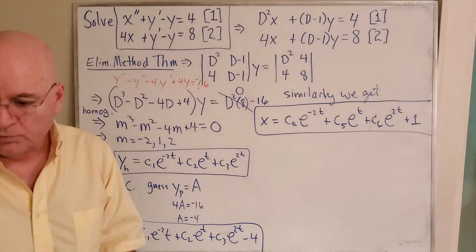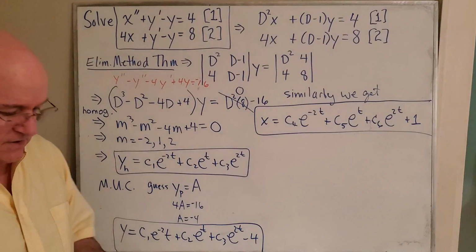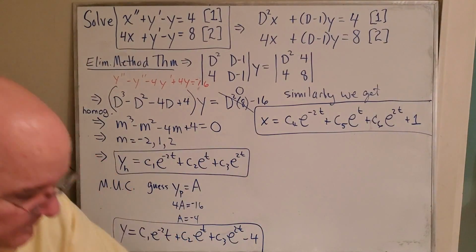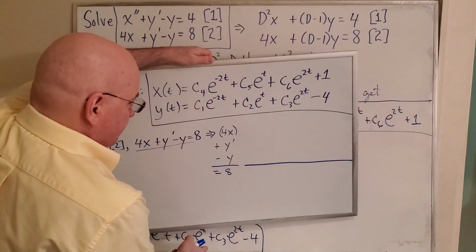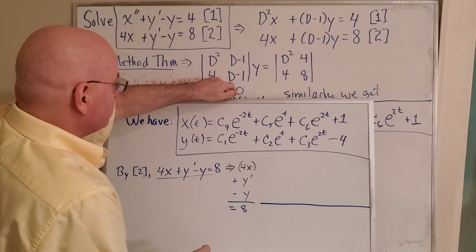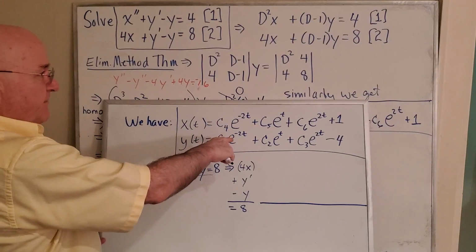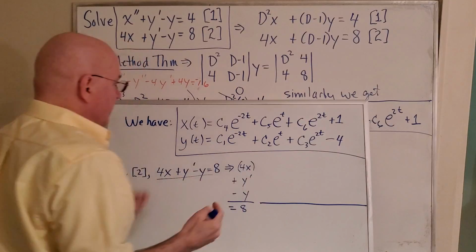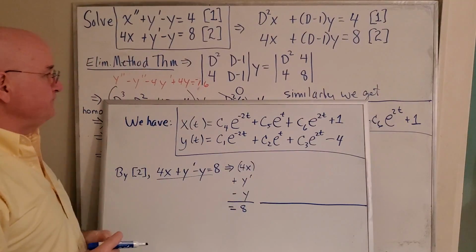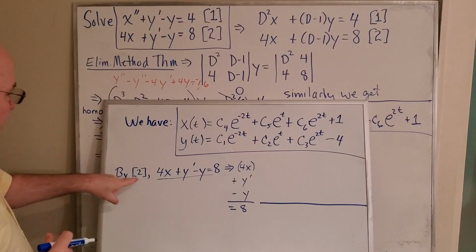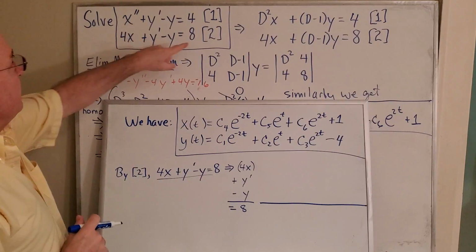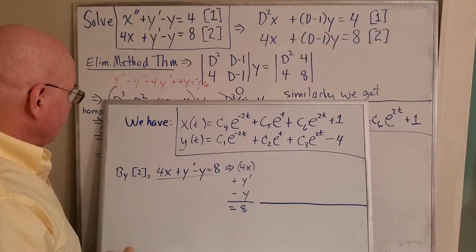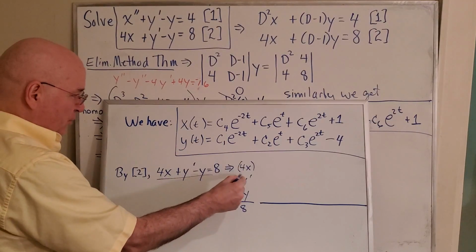Okay, so what we're going to do is take equation number 2. I've started it already here. Here is the x that we just solved. Here's the y that we just solved, although technically I didn't solve x. By equation number 2, this implies, now notice what I did, I wrote it one above the other.